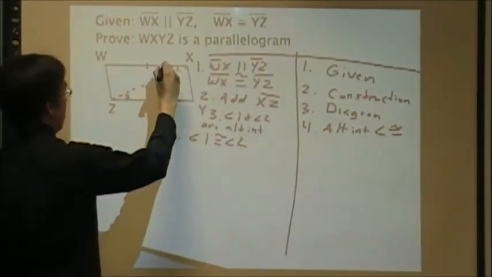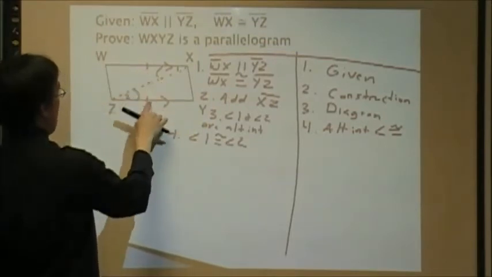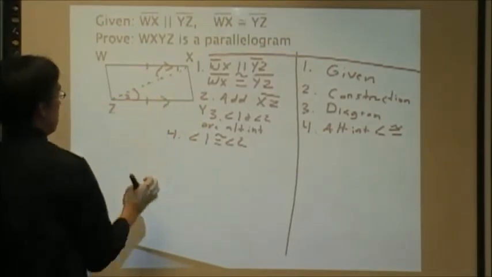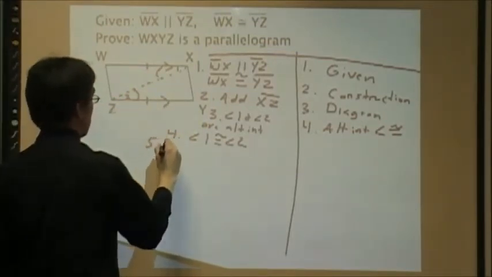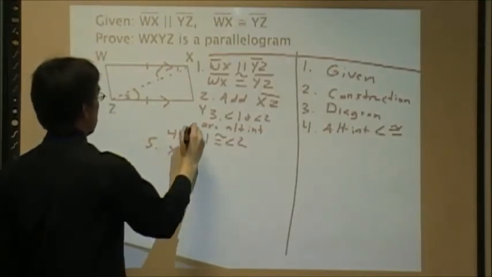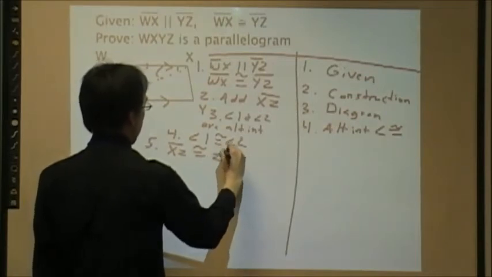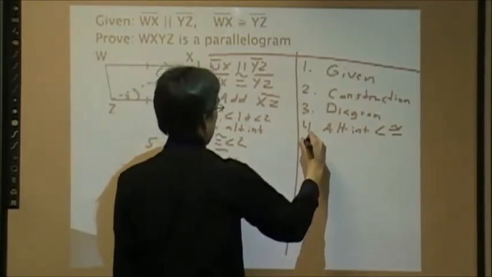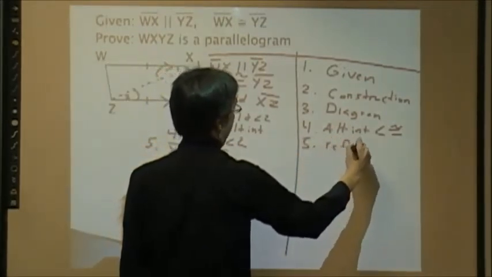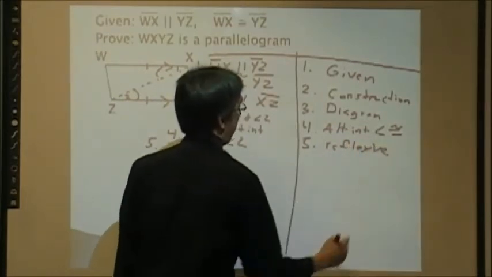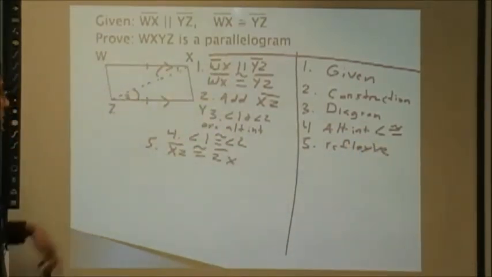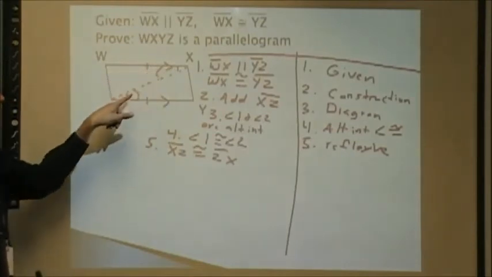So that gives me a side, which was given, an angle, and then also our construction, XZ is congruent to ZX by the reflexive property. So that actually gives me the other side. So I have a side, an angle, and a side.